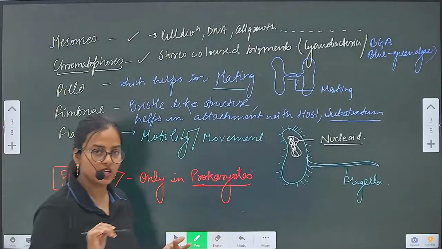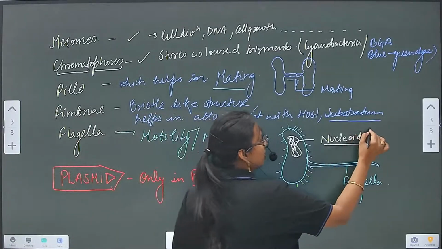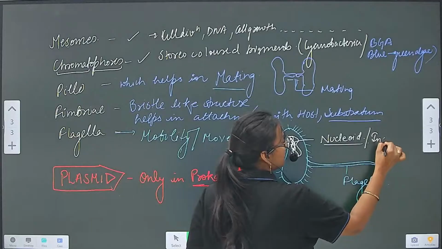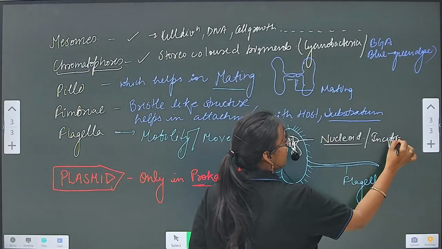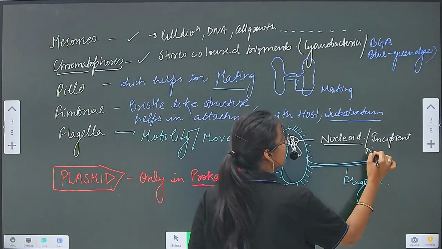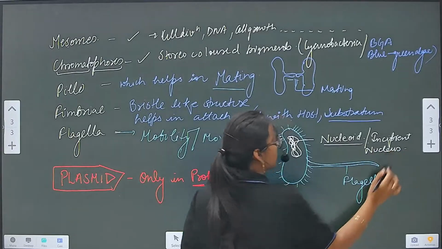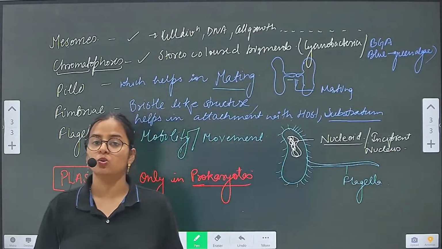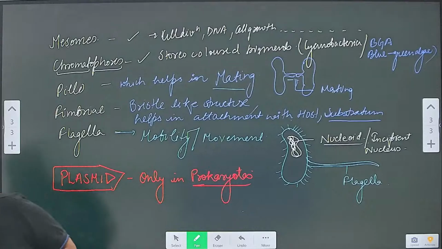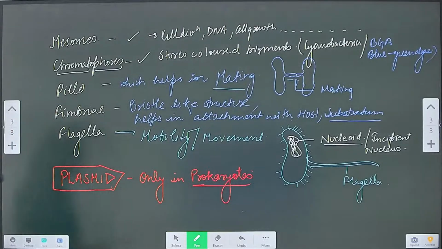Yes, we discussed yesterday, nucleoid or the incipient nucleus. Right? Now, you will be surprised to know that the bacteria, apart from the genetic material, have one more structure called what? Plasmid.